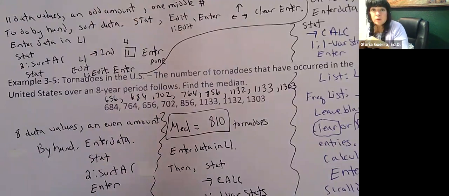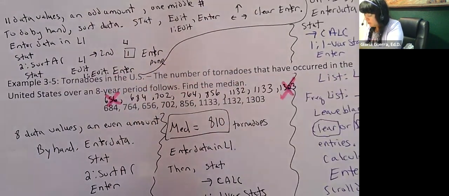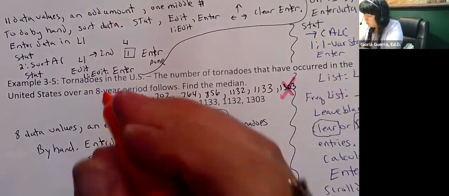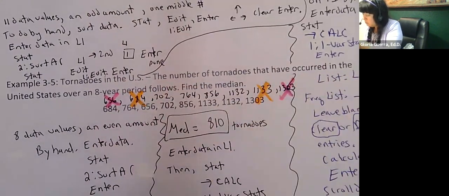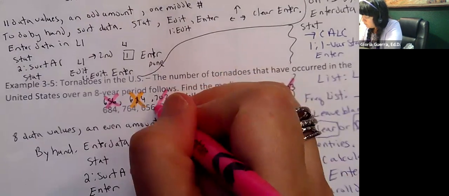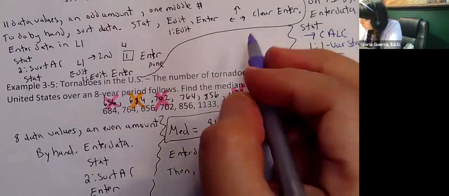Okay, and then you cross out one data value in the front, one data value in the back, one in the front, one in the back, one in the front, one in the back, and see how you end up with 2 middle numbers.